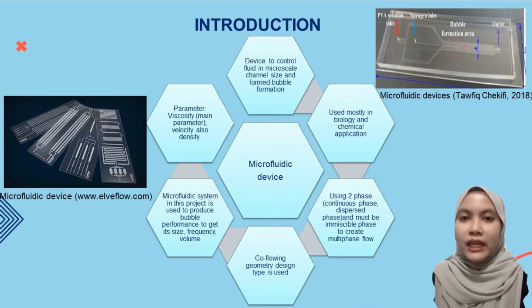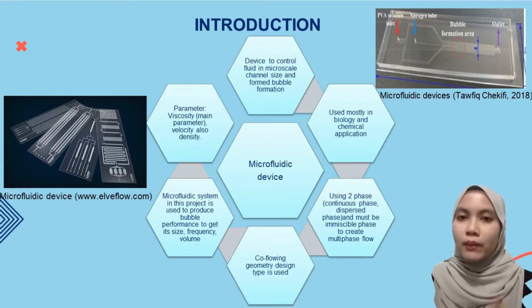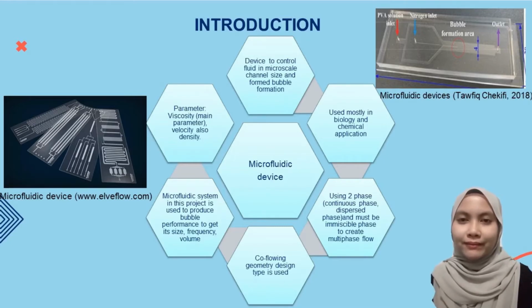The microfluidic system in this project is used to produce bubbles in order to analyze the size of the bubble, the volume of the bubble, and the frequency. Parameters are important as they can give the result of bubble performance. Viscosity, velocity, and also density of the fluid will be used in this project as the parameters.